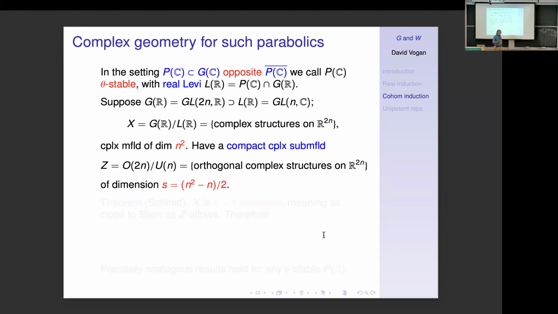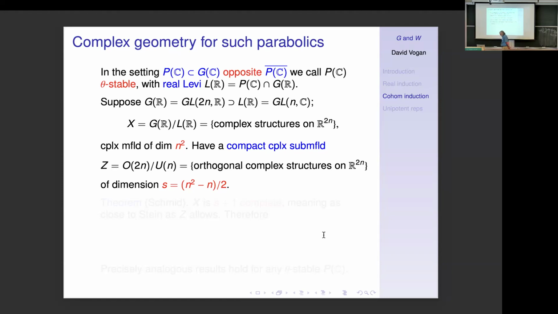in the old days, people learned about Stein manifolds. And Stein manifolds are complex manifolds that are designed to have a lot of functions on them. So one of the things Harish-Chandra did was to prove that in the Hermitian symmetric case, G mod K is a Stein manifold.